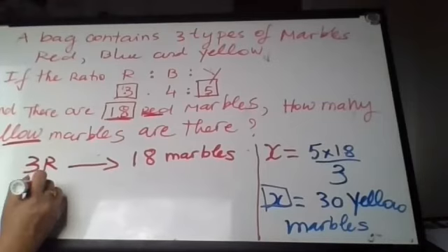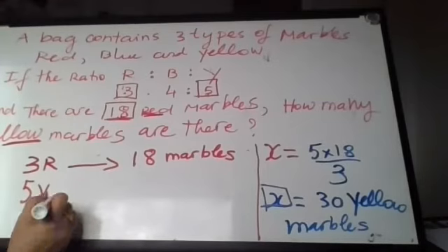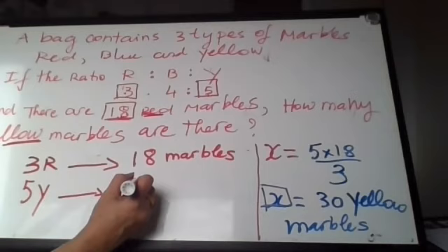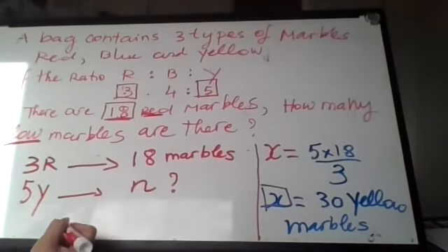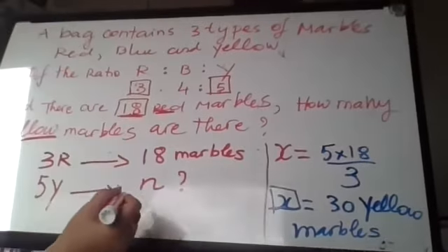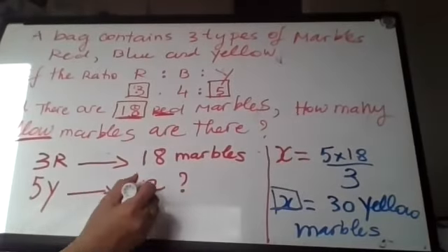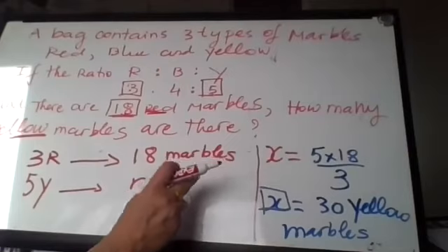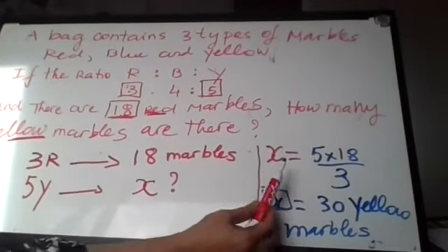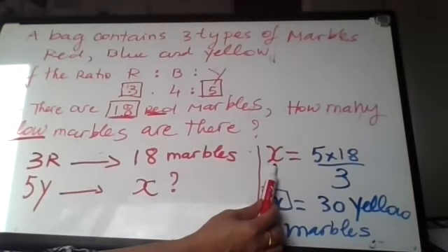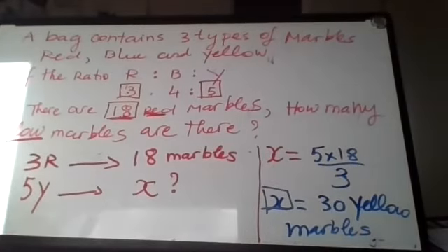So if it is 5 yellow portions, then how many yellow marbles? So to solve for this unknown, let me change it to x because I put x before. To solve for the unknown x here, you do cross multiply divide.